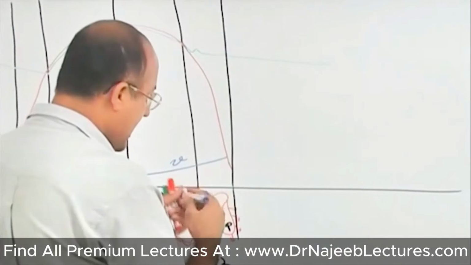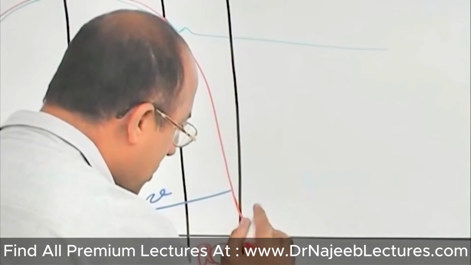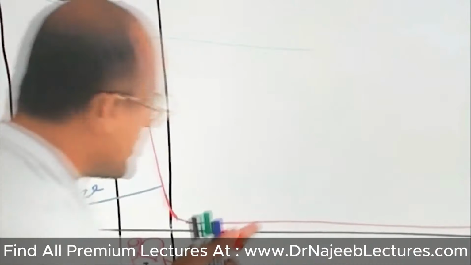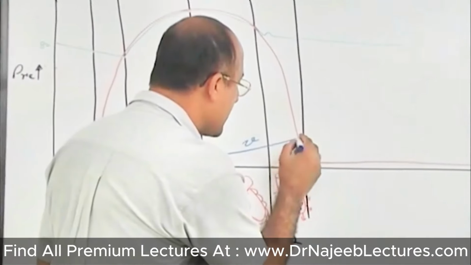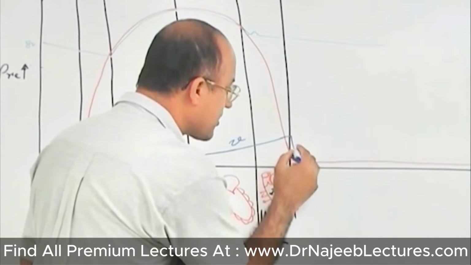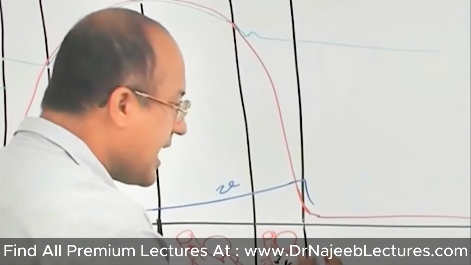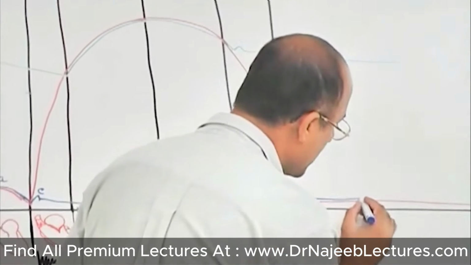As soon as the ventricle is completely relaxed, intraventricular pressure will remain constantly low. At the same time, atrial pressure will also fall as accumulated blood falls to the ventricle.